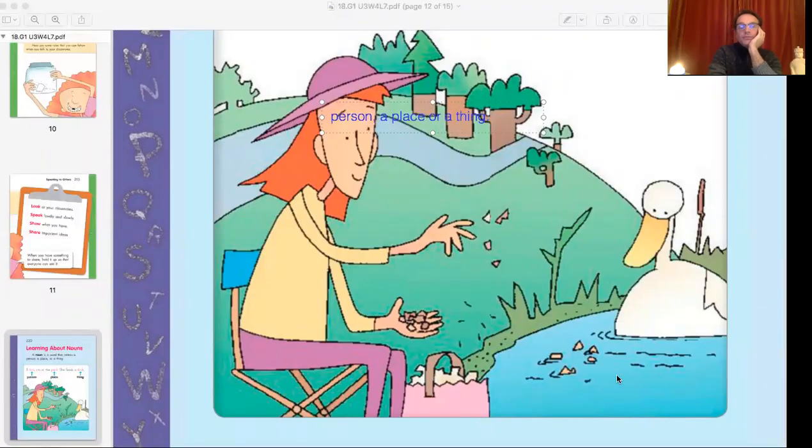I bet there are some more nouns we haven't talked about. Here's a noun. A tree, that's a noun. Here's a noun. What is this right here? A hat. Here's a noun right here. A chair. So these are all nouns. Person, place, or a thing.